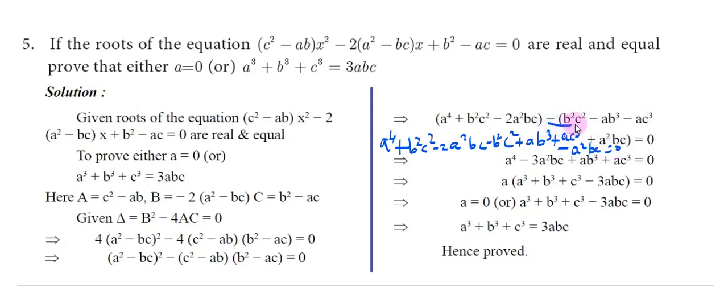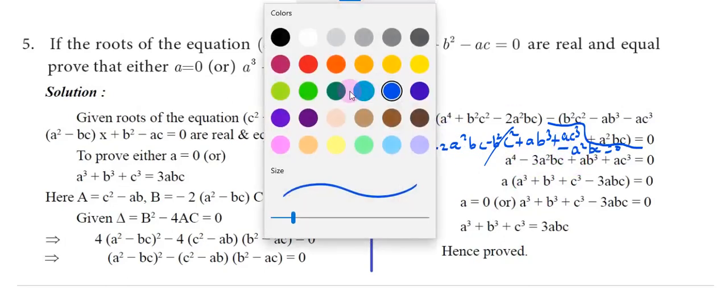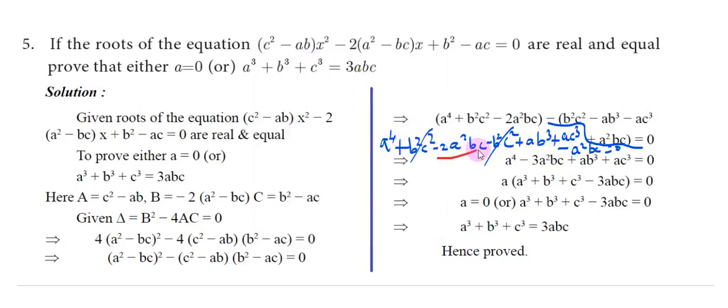Okay, now I write the next step. For our understanding I am writing here. Look, b square c square both will be cancelled. Now look, a power 4, then minus 2a square bc minus a square bc. I take another color to mention this one and that one.